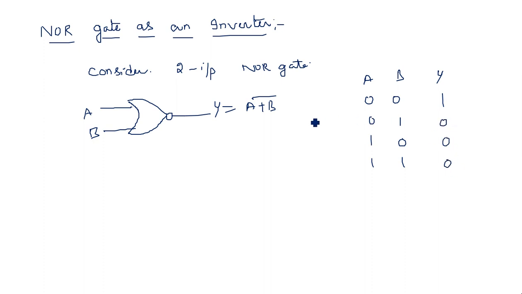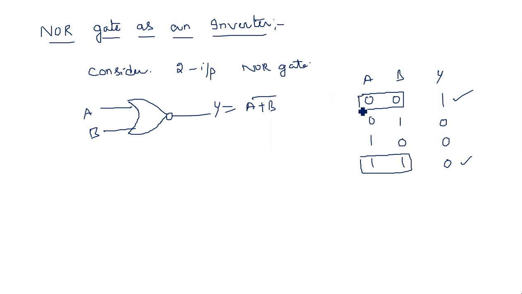Now see, for the NOR gate, when both the inputs are zeros, the output is equal to 1. When both the inputs are ones, the output is equal to 0. So for 0 input, we have output 1. For 1 input, we have output 0.